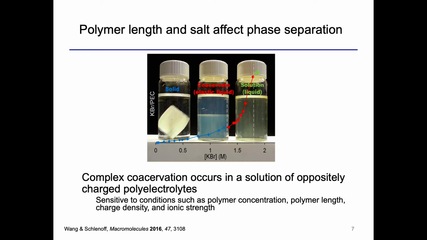As you increase the salt concentration, you can change the aggregate formation you see here, like a big chunk, to coacervate, and you can change the coacervate to a uniform solution by increasing the salt concentration to even higher values. Other important factors that affect phase separation include total polymer concentration, polymer length, and charge density. It is quite an interesting phenomenon that can be affected by many different parameters.